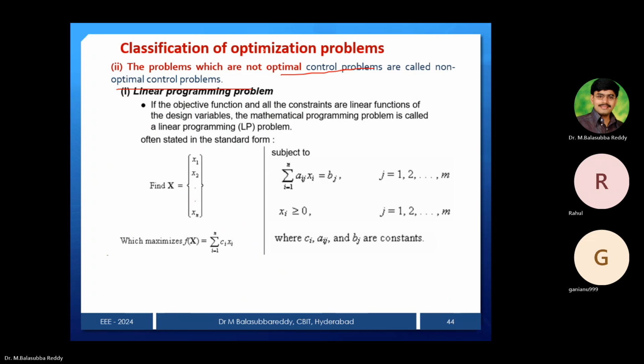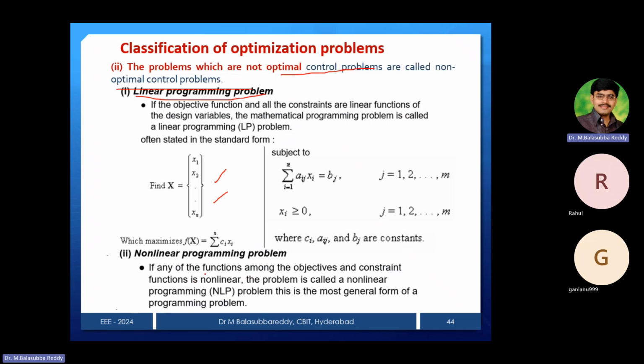And non-optimal control problems, as I mentioned, are broadly classified into linear programming, non-linear programming, like that. A linear programming problem is where you optimize an objective subject to constraints, where the variables are linear in nature.